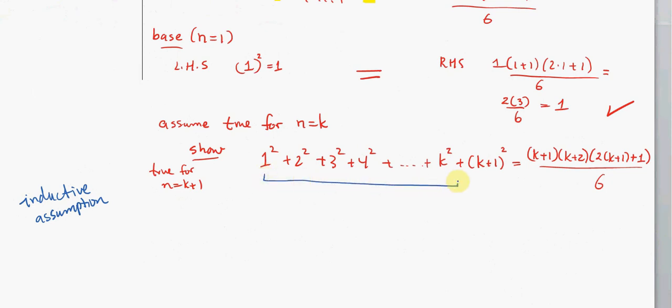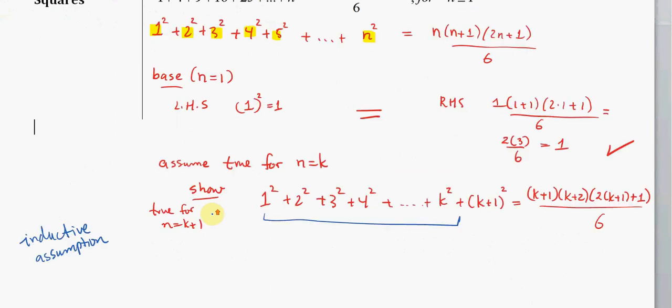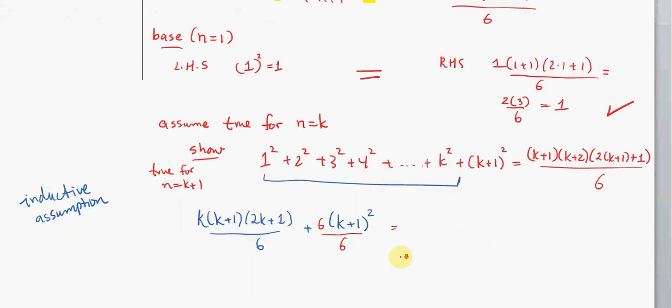So all of this right here is going to be equal to what we set our formula to be: k times k plus 1 times 2k plus 1, all of this over 6. And then we're adding on another quantity, k plus 1 squared. And as usual, we want to be able to combine these statements together, so we're going to make them the same denominator. And then we will slowly work through the details from here.